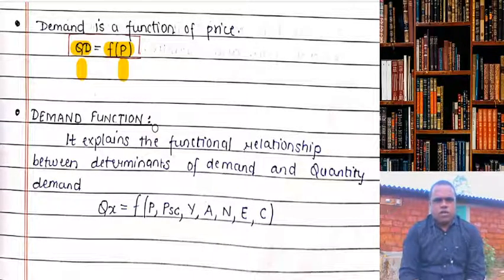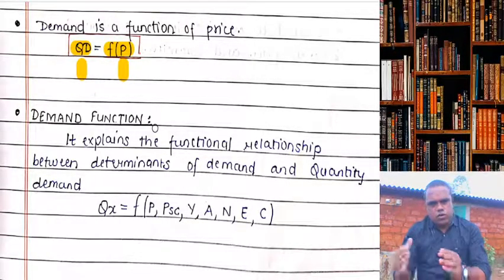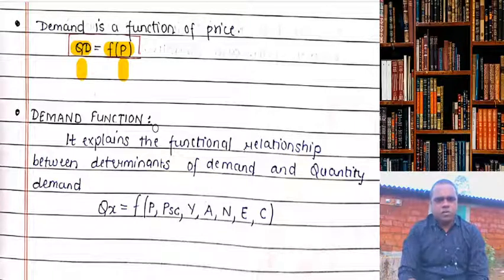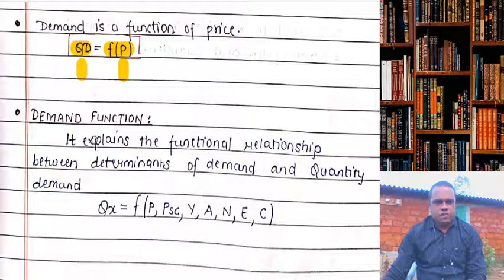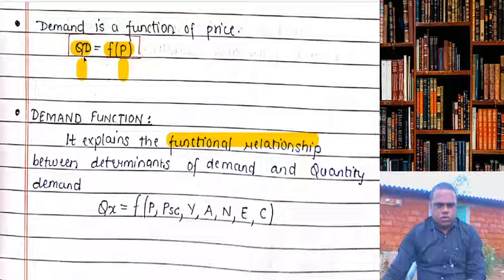So first explanation here, the first definition, and from this, children, you can consequently understand the next, because the definition exactly remains the same with some limited changes. So demand function explains the functional relationship. Children, when you saw this equation, did you just hear this? QD is a function of P. So F represents function.